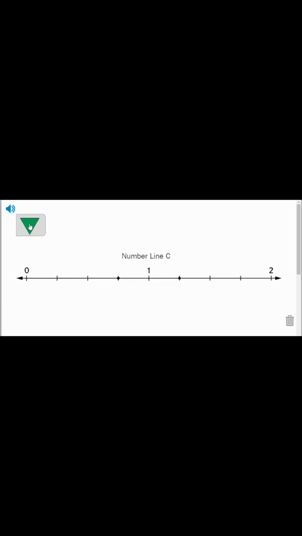On this number line, we see that it has 2 units represented as well, but this time they've cut the units into fourths: 1, 2, 3, 4. So each one has 4 sections in it. Our first dot on the number line lands right here before 1 or to the left of 1. So we know that it is less than 1, and that would be 0/4, 1/4, 2/4, 3/4.